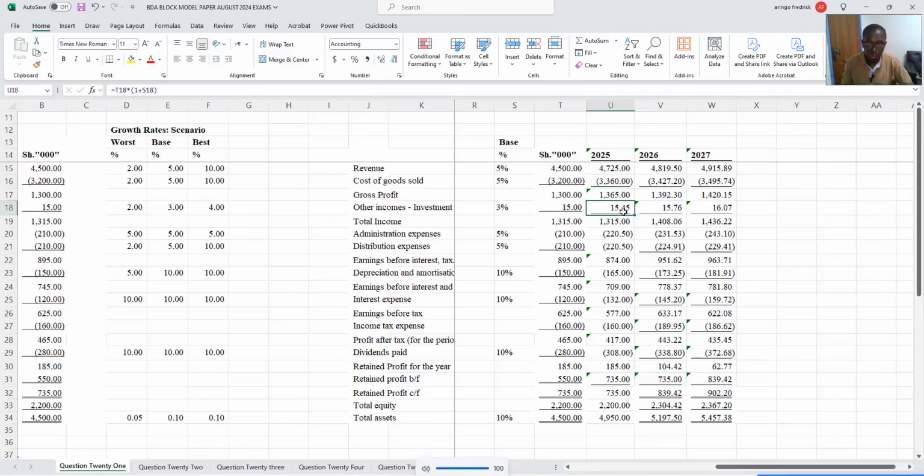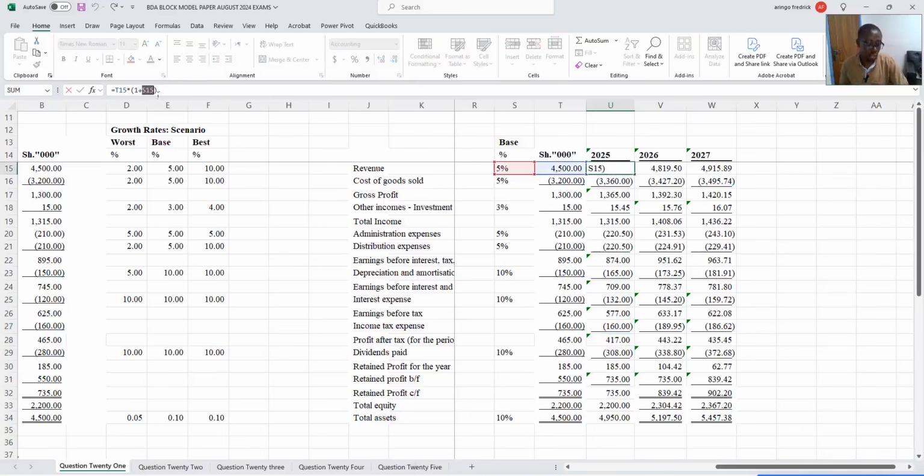So once I have this, remember, we need to, of course, lock the percentages so that it will reflect in all the other years. It should reflect in all the other years. Yeah. So doing that, the next thing that I will be required to do then is to lock our percentages. So we lock our percentage F4.